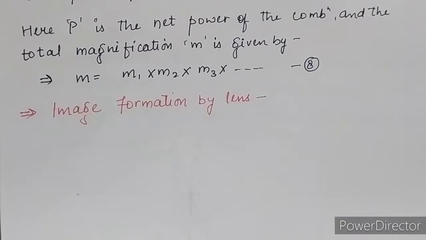If they are coming from the center of curvature, then they will be reflected back on the same path, and if it is incident on the pole, then we apply the mirror law of reflection, that angle I is equal to angle R. Now here we have to use 3 rules. All these 3 rules I will show in one diagram only. The rules you have to write on your own, in your own language.